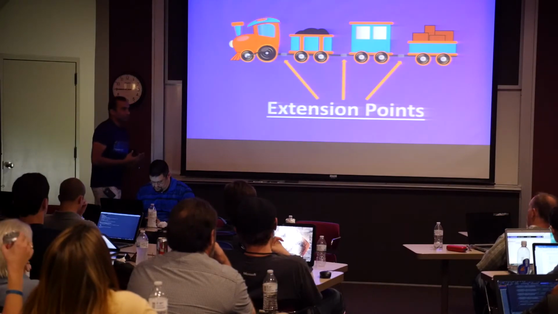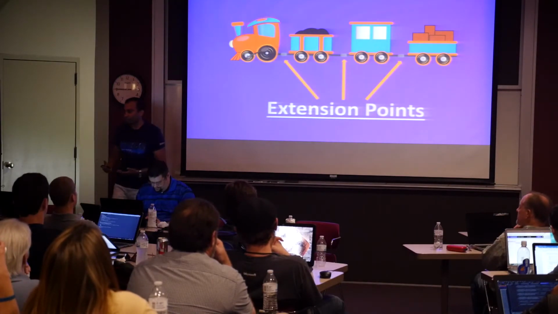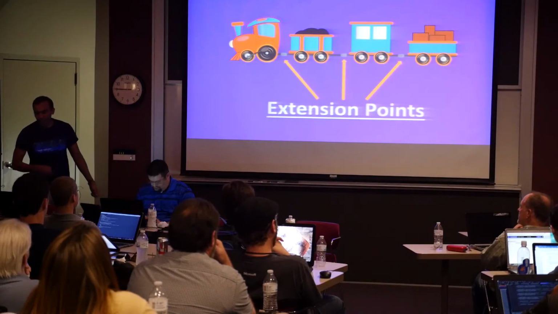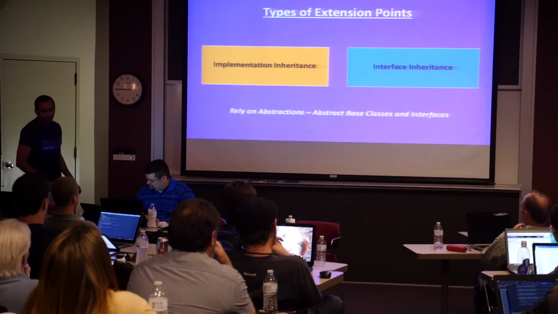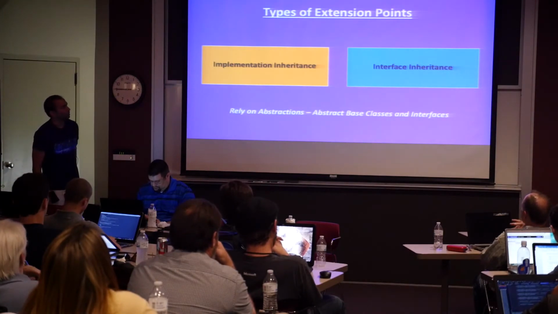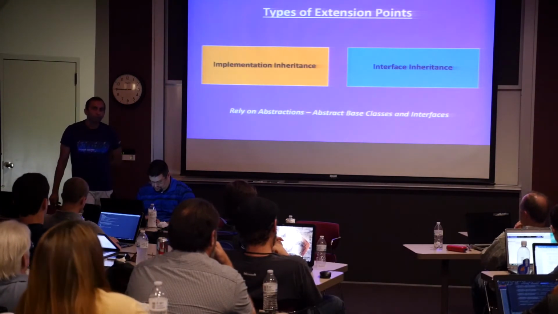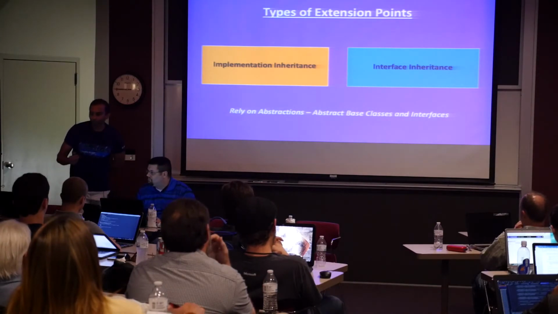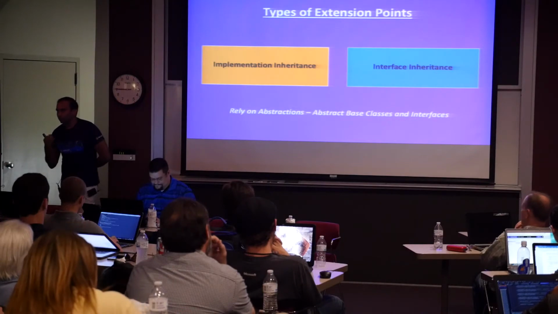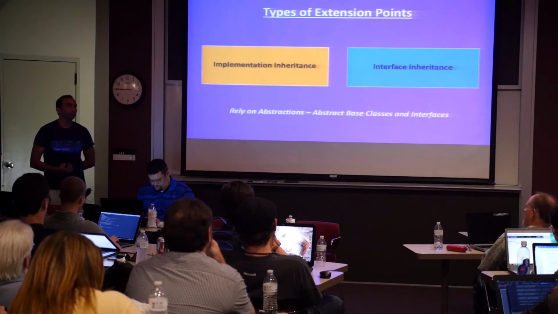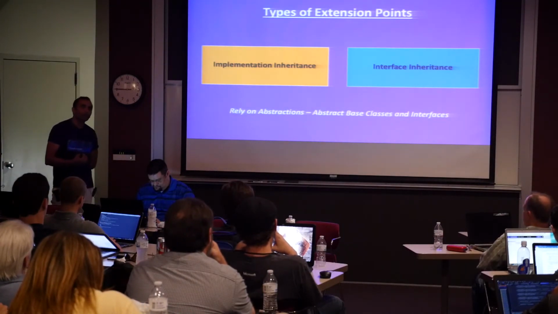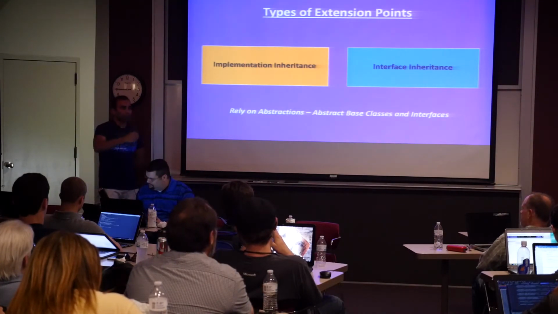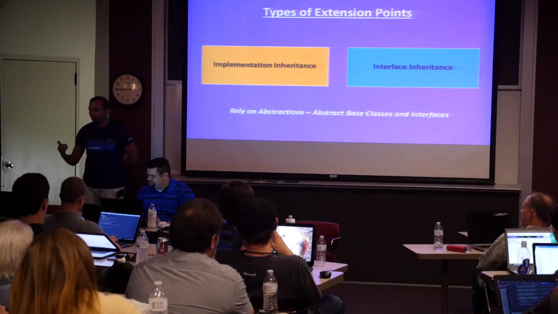Coming back to our C# project, what are the extension points that will represent these? There are two types of extension points: implementation inheritance and interface inheritance. To extend your code, you need to rely on abstractions, on inheritance and polymorphism, all those concepts.